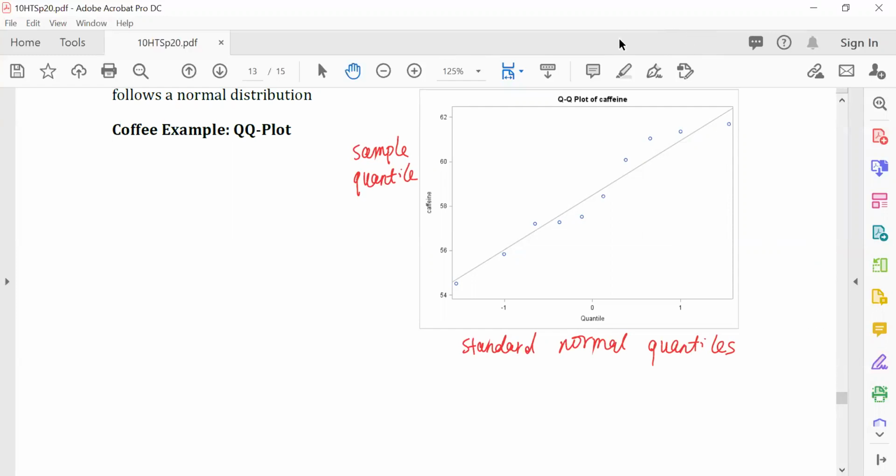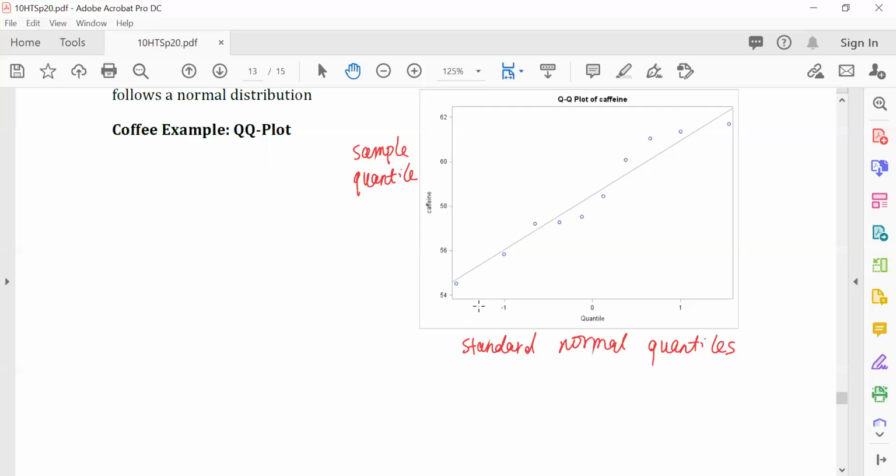This is the QQ plot of the coffee example that we have been using in this handout 10. The x-axis is the standard normal quantiles. The y-axis is the sample quantile. And that's why it's called a quantile-to-quantile, or QQ, plot. It's used to check the normality assumption. It's also called a normal probability plot. If you plot it like this and your sample does follow a normal distribution, what would you expect to see?